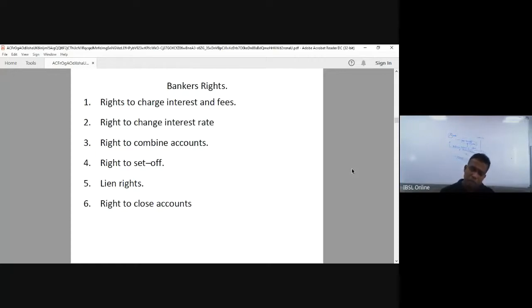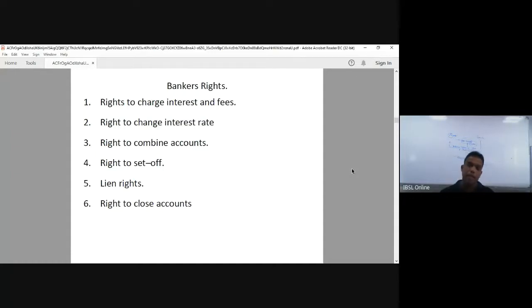But if it is an individual customer who has a current account where he has not issued checks in the last few months, then 14 days might be sufficient. Likewise, the bank has to decide the reasonable time period that you give to the customer to close before you close the account.